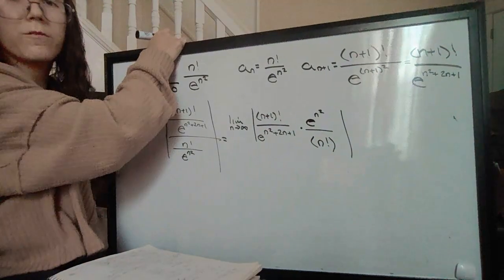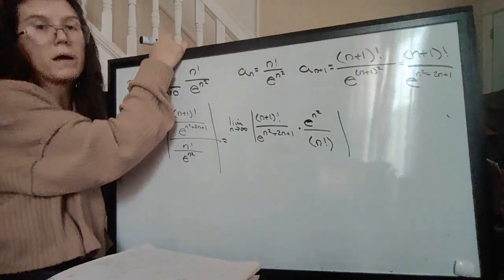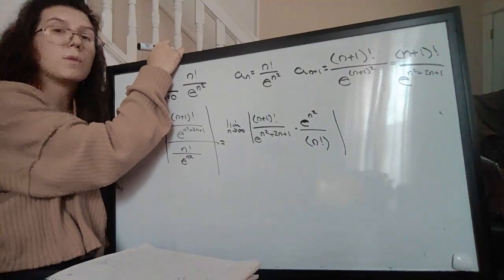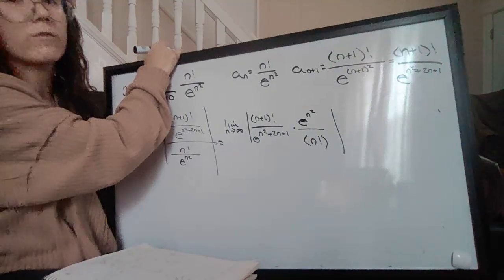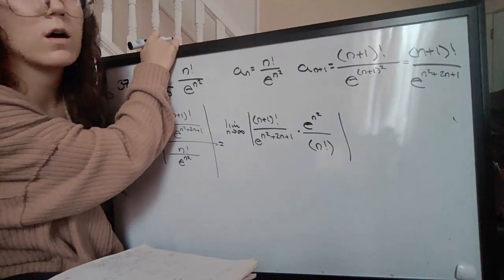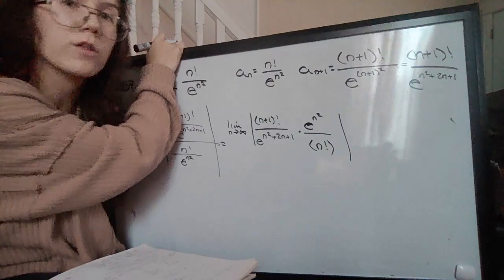All right, so with our factorials, we understand that a factorial by definition is going to be numbers one less than whatever that number is, multiplied by each other all the way down.